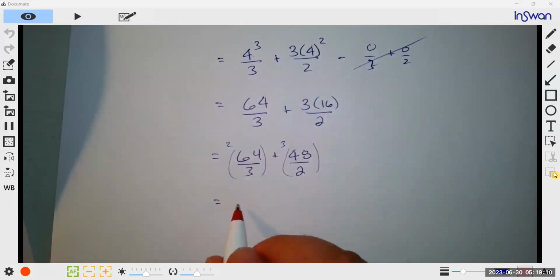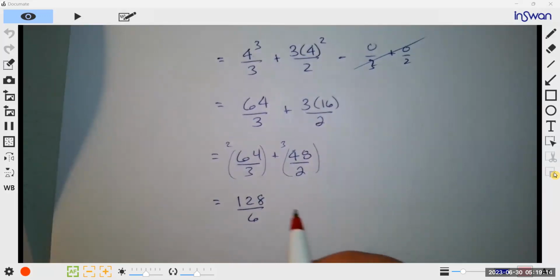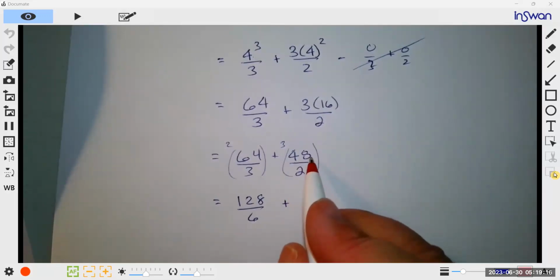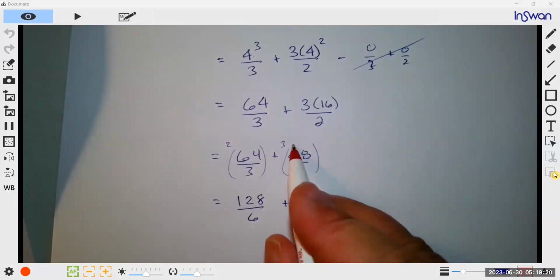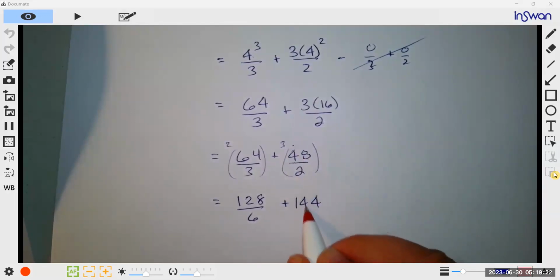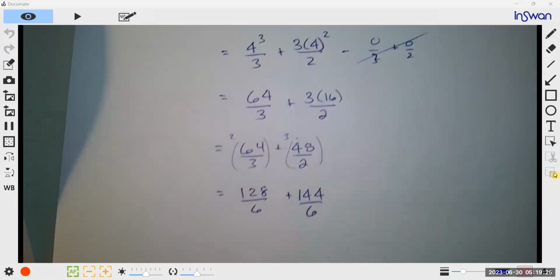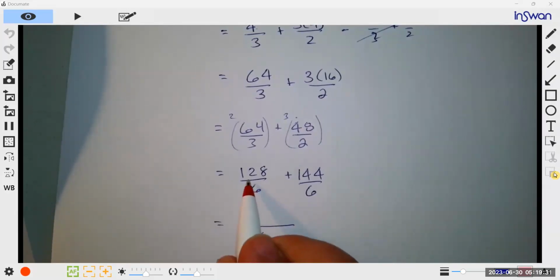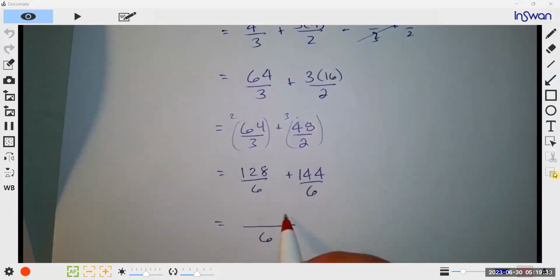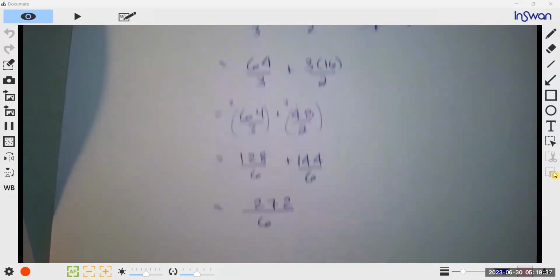So 64 times 2 is 128 over 6. 48 times 3 is 144 over 6. 128 plus 144 is 272.